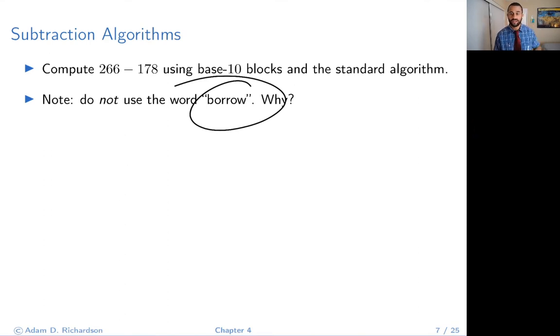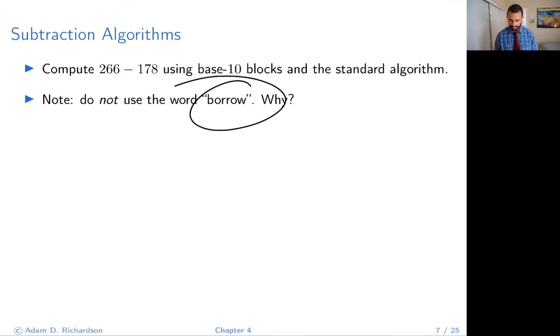Well, usually right around the time when somebody says, you're not borrowing anything because you can't give it back. And that's exactly right. You're not borrowing anything, because if you say borrow, what you're saying is that you're going to give it back at some point, but you're never going to give it back. There's no borrowing going on. There's just a regrouping. There's a breaking apart and a regrouping. That's what's going on.